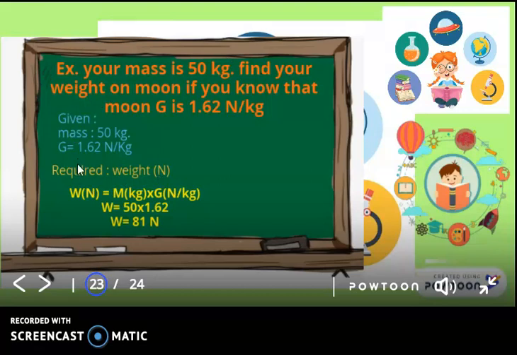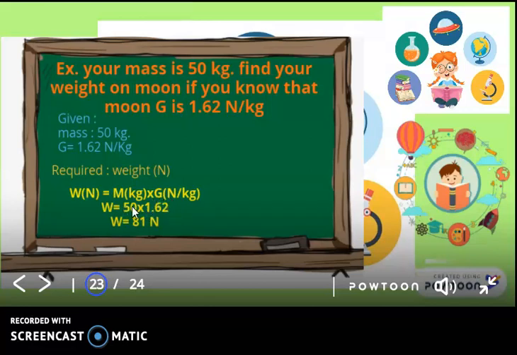Okay, how can I find it? I have to use the formula or the law: weight equals mass times G. W equals mass times G. This is the general law, but what is the mass in the question? The mass is 50. And what is the gravity? It is 1.62, the gravity constant on Moon.